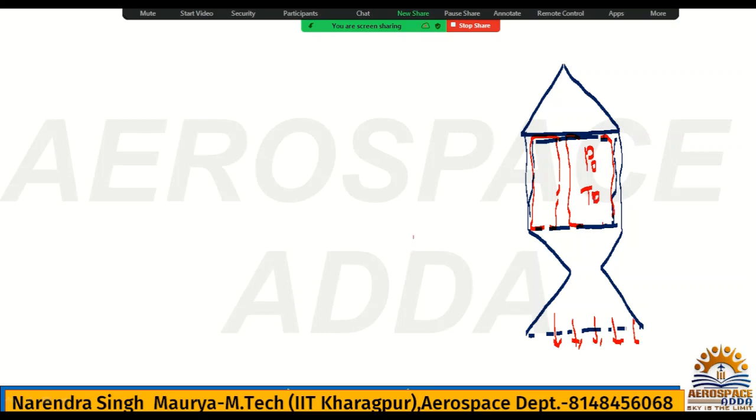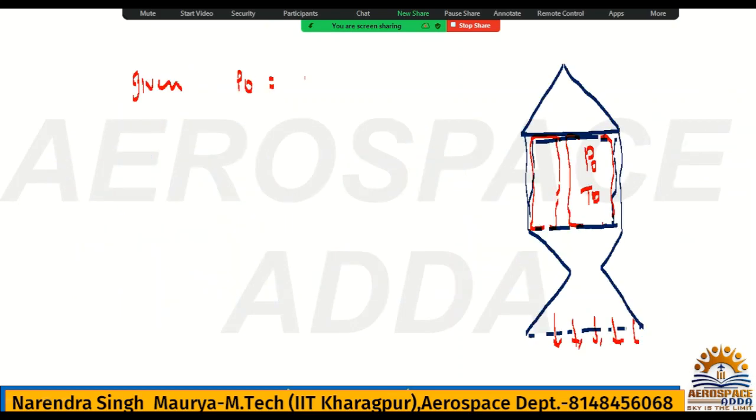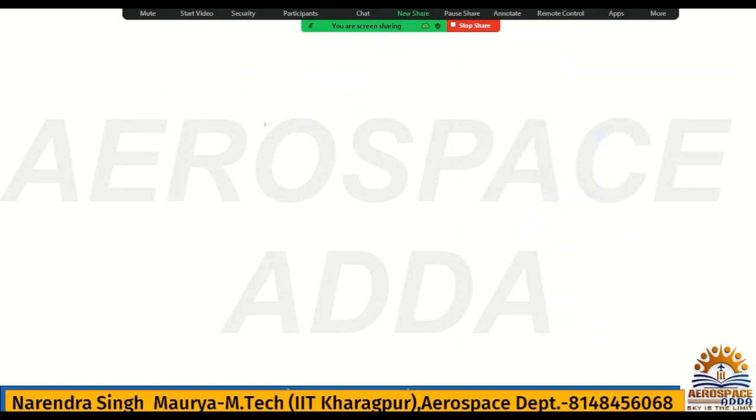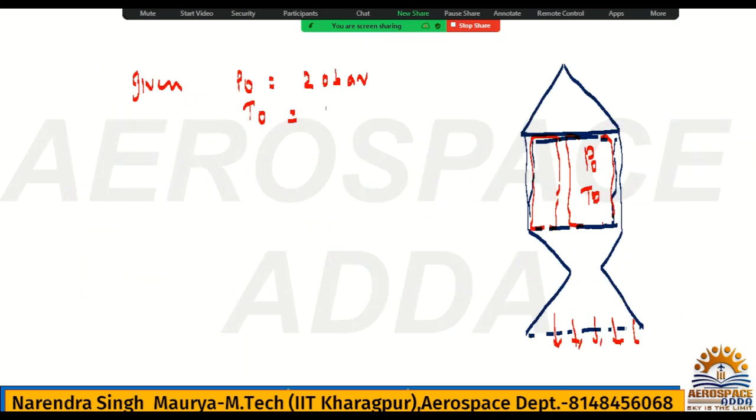In the problem it is given that P naught is 20 bar, and T naught and P naught mean total pressure and total temperature. What is the total temperature? It is T naught, which is 2500 Kelvin. This is the total temperature.